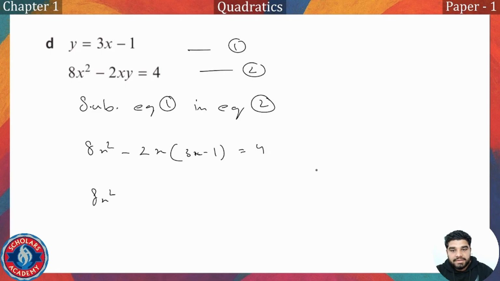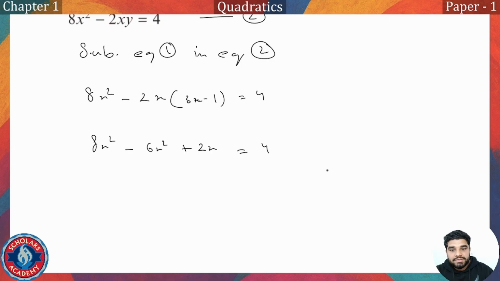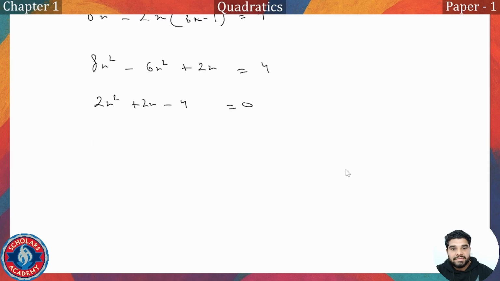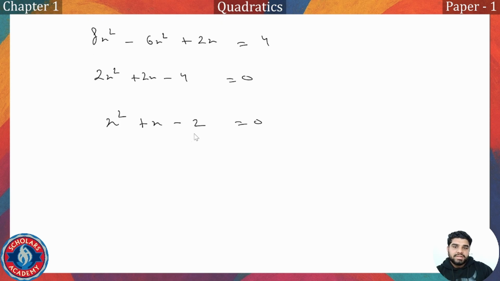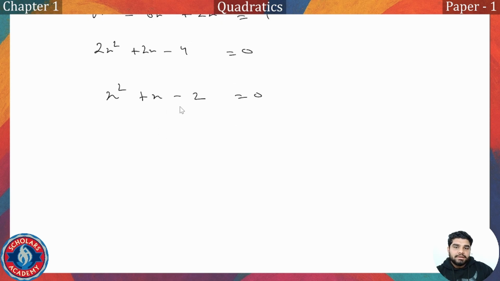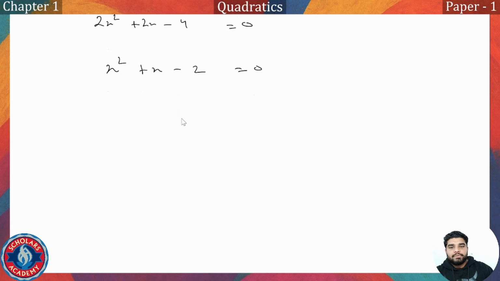We get 8x square minus 6x square, negative negative positive 2x is equal to 4. This gives us 2x square plus 2x minus 4 is equal to 0. We can take 2 common over here, we get x square plus x minus 2 is equal to 0. So this is the quadratic equation that we are getting.